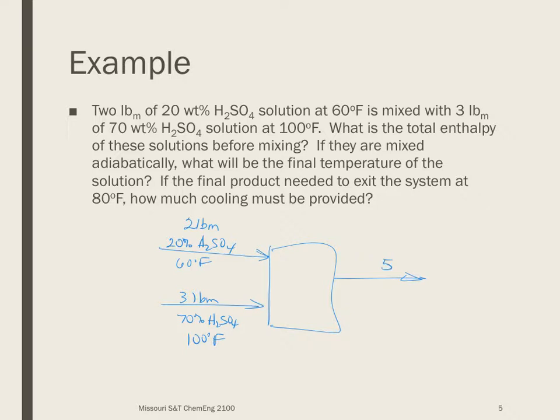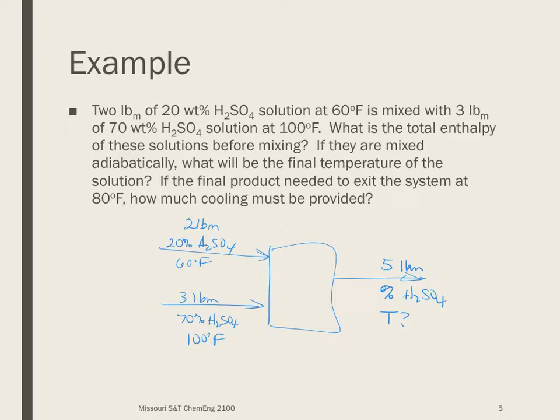I can tell you it's going to be 5 pounds mass, right? Just because I'm mixing acids and waters, the mass isn't going to change. But what's my percentage of H2SO4 in my final product? And what's my temperature of my final product?